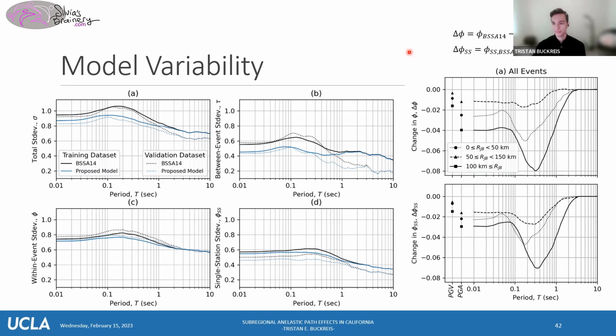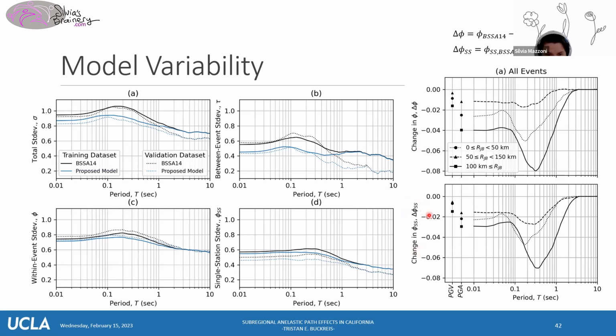Yes. And so the top and the bottom, the total phi is versus just a single station phi, right? Why are you separating the two? So total phi contains within it site effects and path, or site uncertainty and path uncertainty.